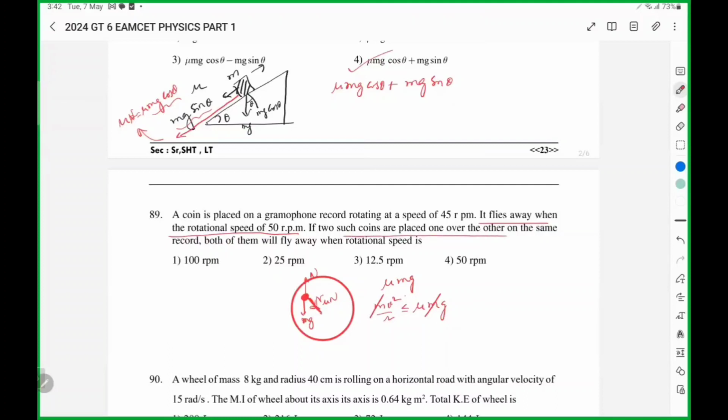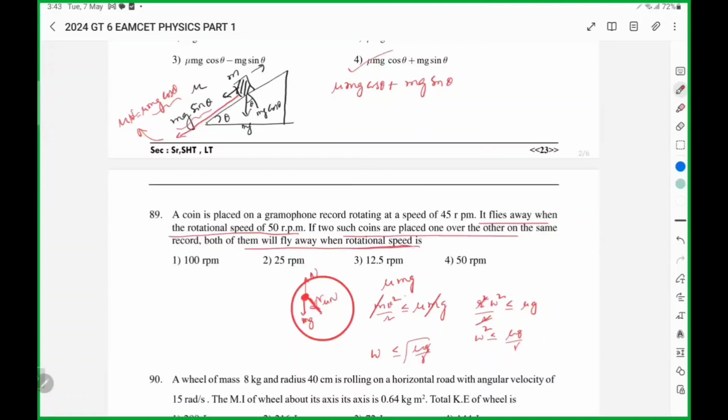If two such coins are placed, here in fact r squared omega squared by r is less than mu g, so omega is less than root of mu g by r for the coin to stay on it.